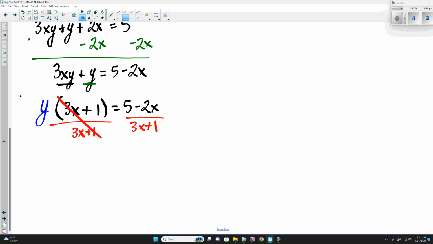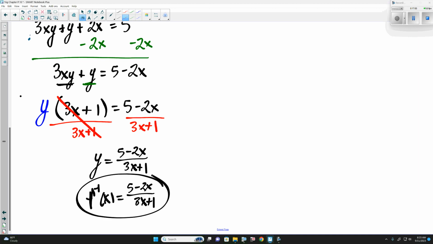These will cancel, telling me y is equal to 5 minus 2x divided by 3x plus 1. Which tells us f inverse of x is equal to 5 minus 2x over 3x plus 1, because it's inverse.